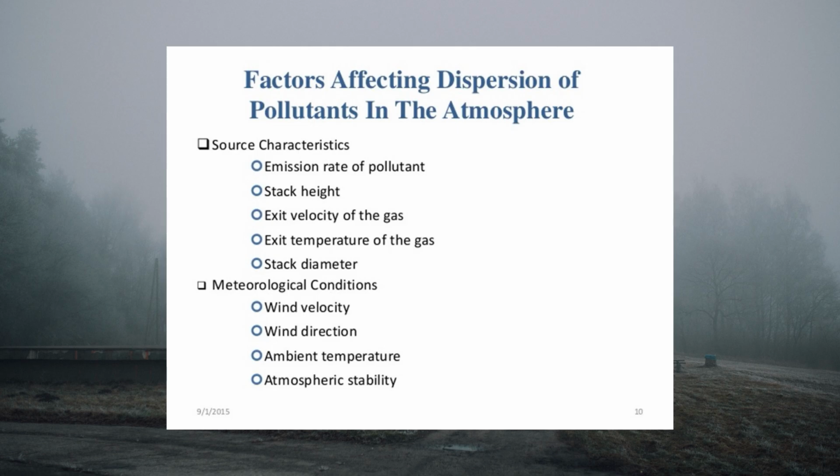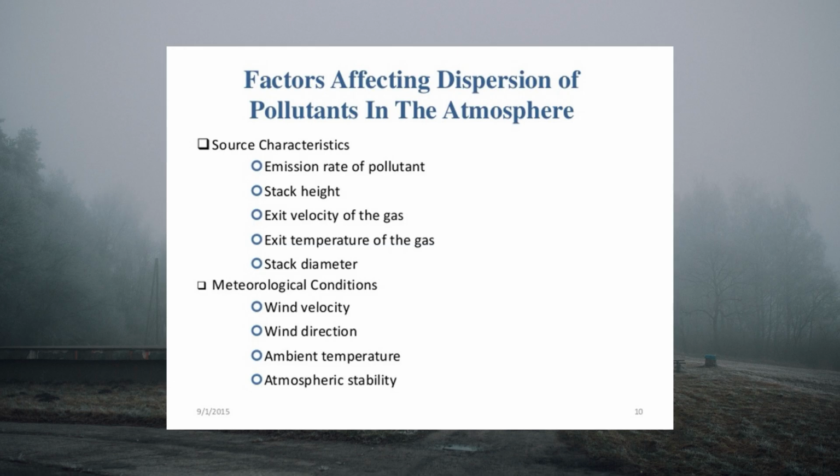So again, coming to the same parameters, these are the basic parameters that affect the dispersion. The source emission rate of pollutants is always considered constant, but in the real world sometimes there may be change. The stack height is constant. The exit velocity of the gas is also likely to be constant. The exit temperature of the gas is also likely to be constant.